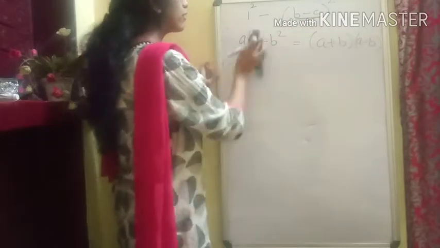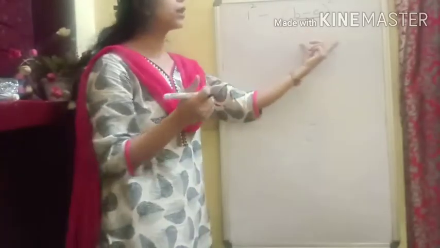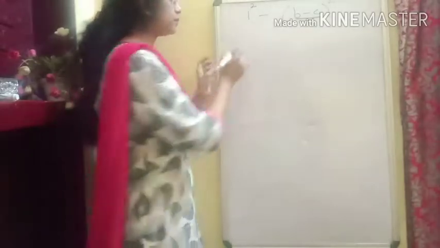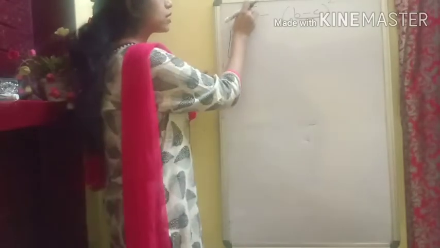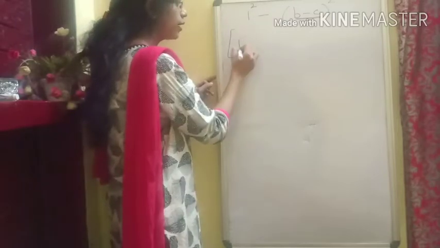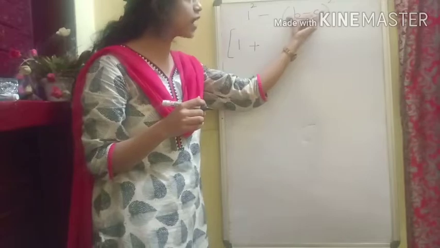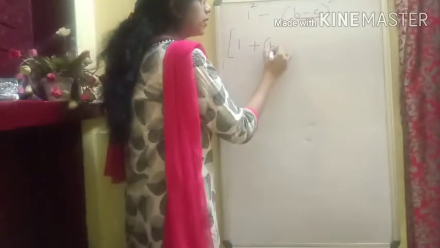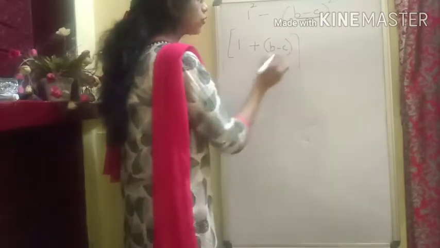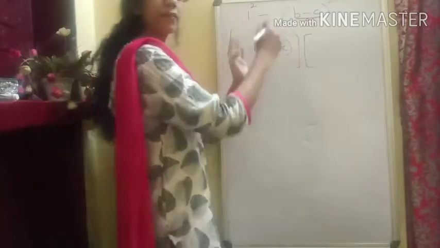So when we apply the identity, it should be in one bracket a plus b, another bracket a minus b. Okay, so now in one bracket a plus b, what is our a? 1. A plus b, what is b? At the place of b we have b minus c, all this thing. So we will write b minus c, and that's how we have a plus b. In another bracket we have a minus b.